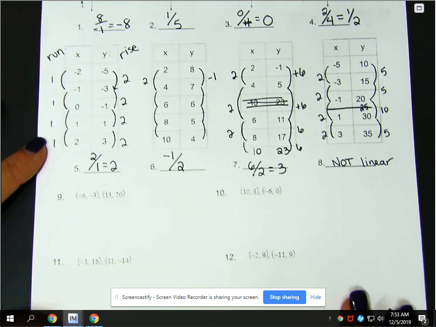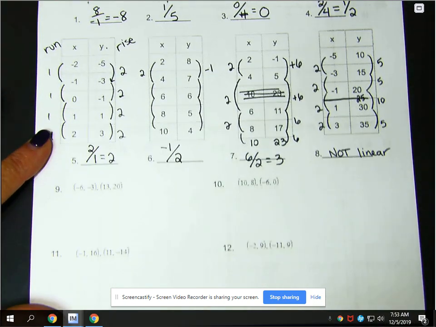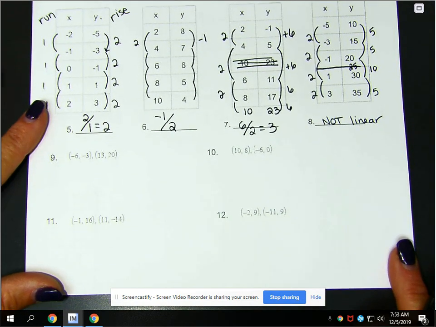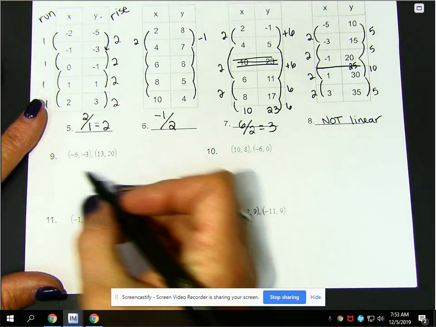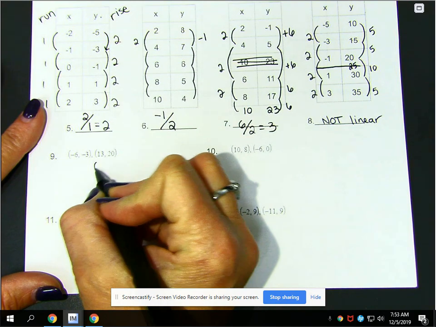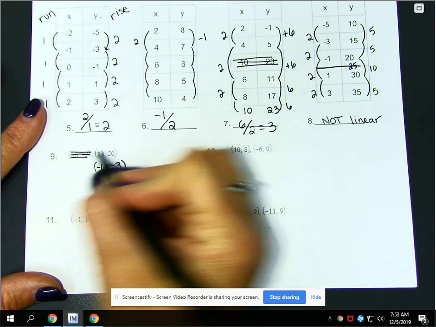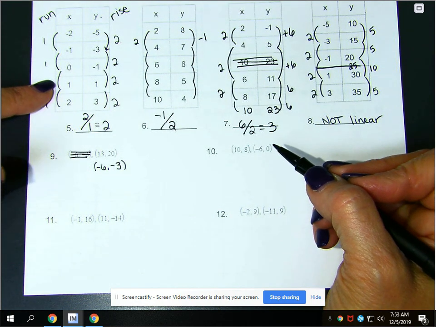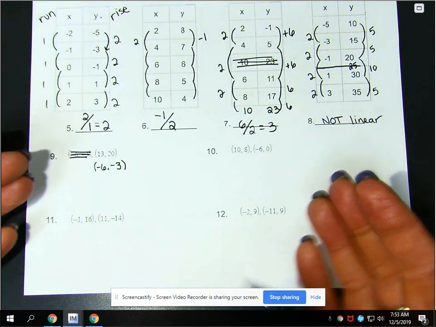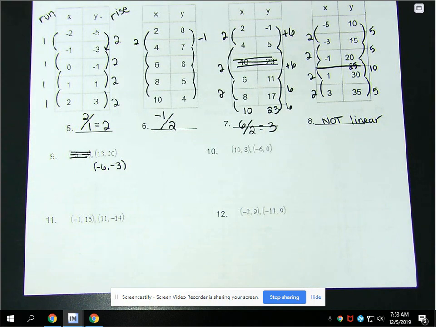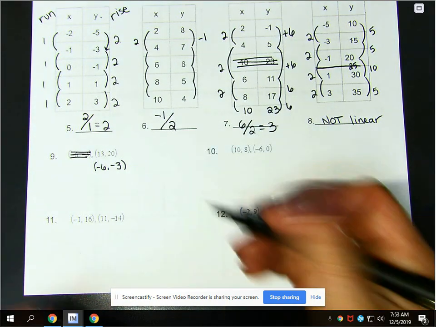All right, last but not least, and probably one of the most important parts, is finding the slope given 2 points. The way I like to do it is I like to write them on top of each other so it looks like a table above. And you just do the same thing. They're saying 2 points make a line, so we don't have to worry about not linear. We're just going to find the slope.